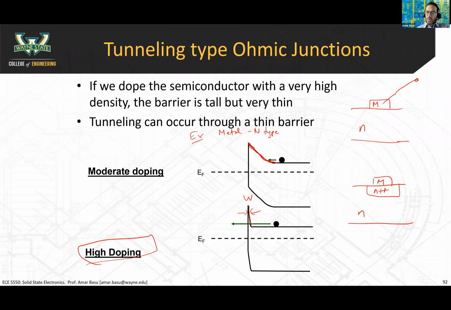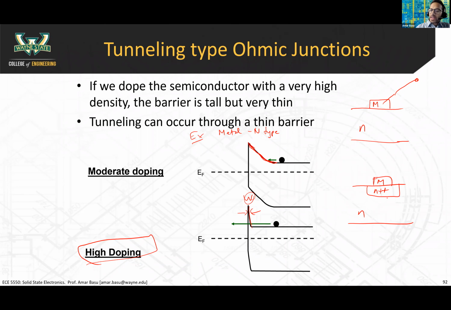So now it doesn't matter what your metal work function is. If the metal and N form an ohmic, great. If the metal and N++ form a Schottky barrier, it's going to form a Schottky barrier with a very narrow depletion width like this. Narrow enough so that tunneling can occur through the thin barrier. And then again, you have an ohmic contact. So it's no longer dependent on the work function of the metal, which is nice.